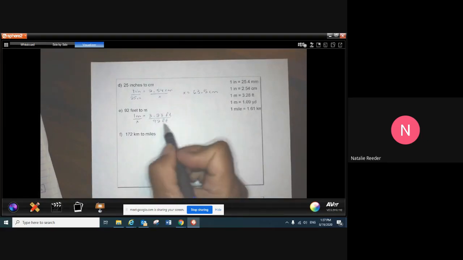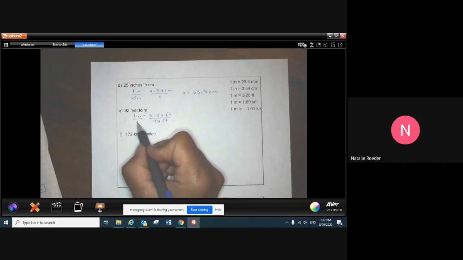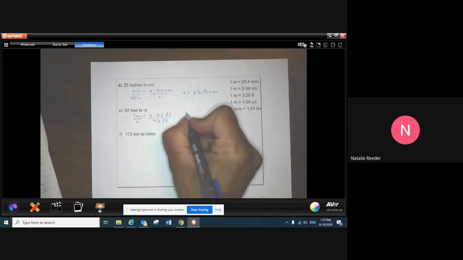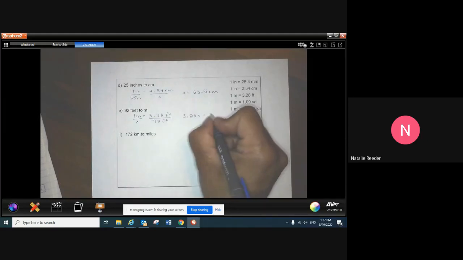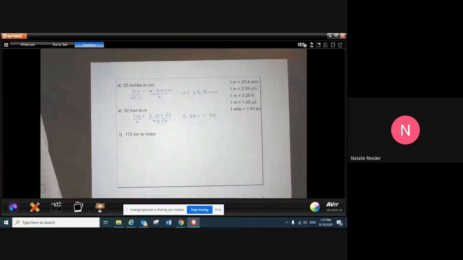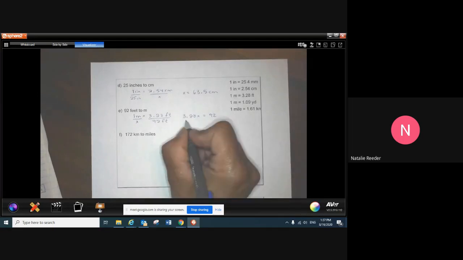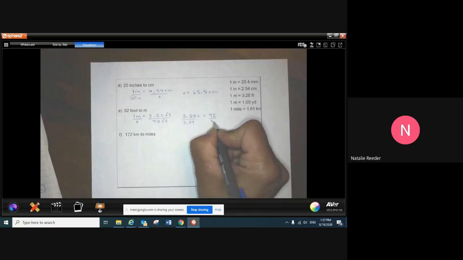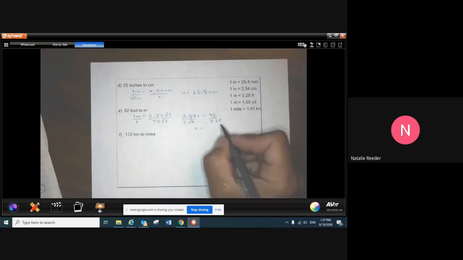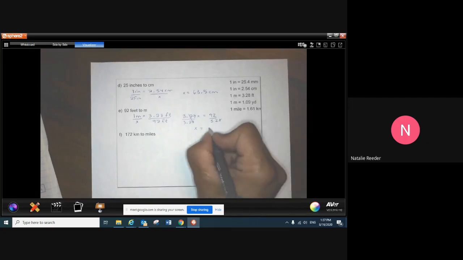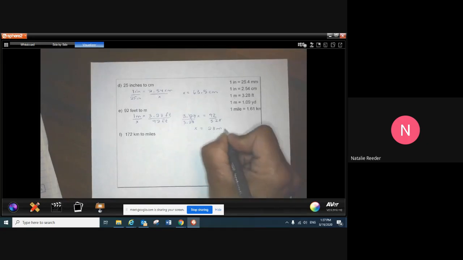Now if I cross multiply, I get x times 3.28, so that's 3.28x equal to 92 times 1, which is 92. Now I still haven't solved for x, so I've got to do that one extra step and divide both sides by 3.28. Then it gives me what my x is. So 92 divided by 3.28 gives me 28 meters, and this would be your answer.